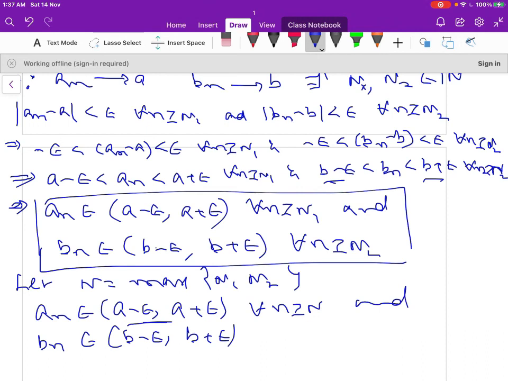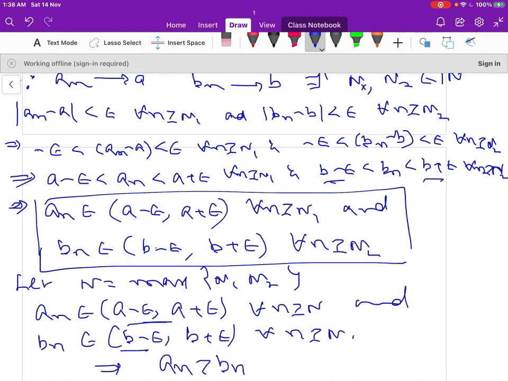So an is inside the open interval a minus epsilon comma a plus epsilon, and bn inside the open interval b minus epsilon comma b plus epsilon for all n greater than or equal to n.